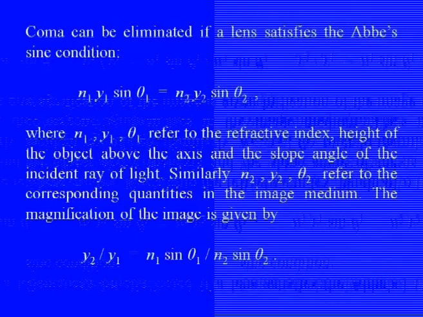Now, the magnification of the image is given by y2 by y1, which according to this condition should be equal to N1 sin theta 1 divided by N2 sin theta 2.